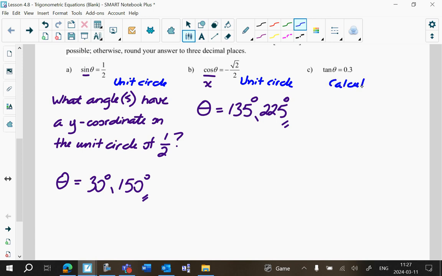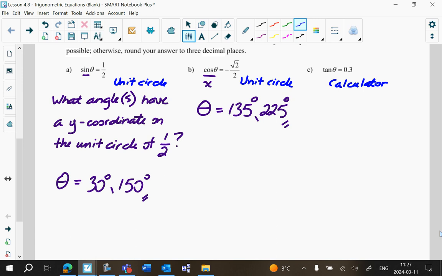What you guys would do last year, because I could give you a question like this last year, you would have done tan inverse 0.3, write your answer, and you would have found one of them. It's just now there's more than one answer. So we're still going to do the inverse, but we see that we're going to get multiple answers for many of them.